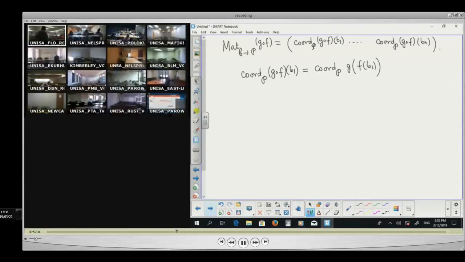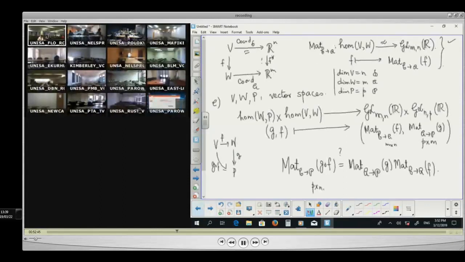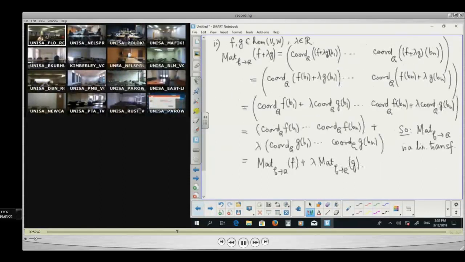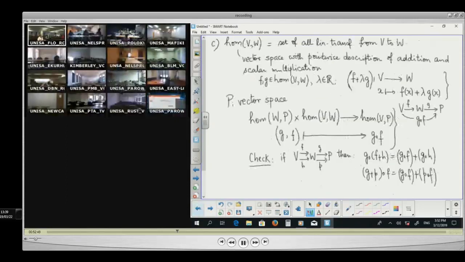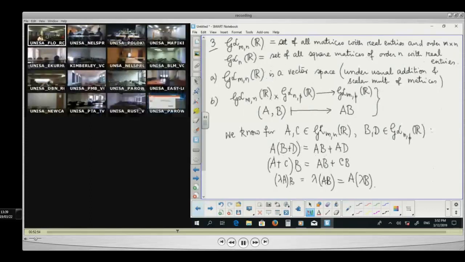Okay? Now you have to use this judiciously. The first thing that I did about this formula.